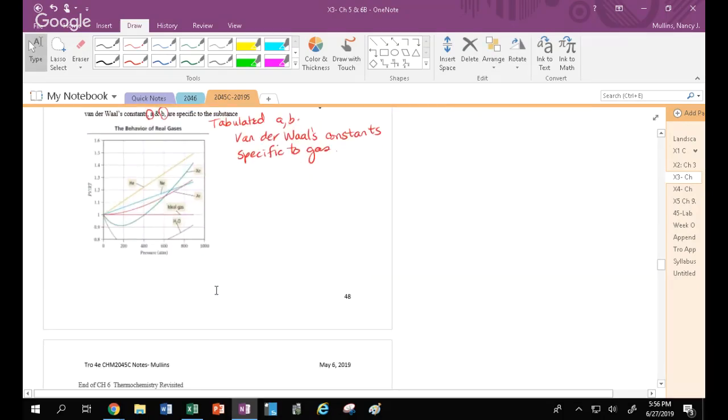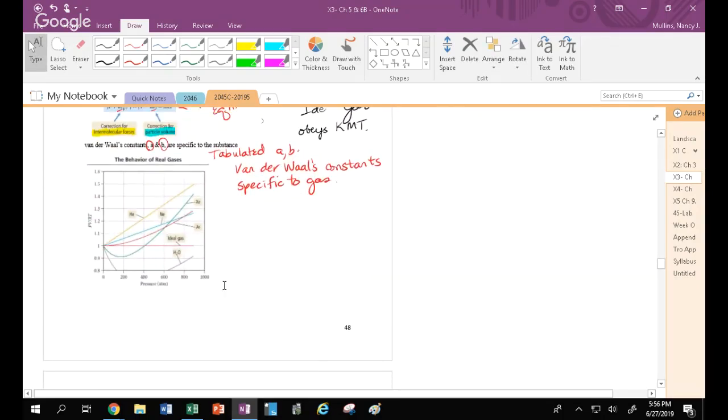This is in fact a graphic of, if, again, PV equals nRT, and PV over RT is n. So what I've done is I've got the same amount of gas, of the same gas, and I'm looking at what happens as I increase the pressure. And you can see that helium, which is an ideal gas, or as a noble gas, behaves still in a very linear, very consistent value.